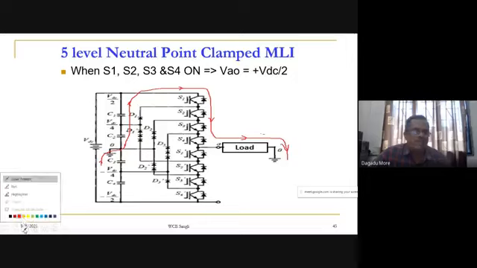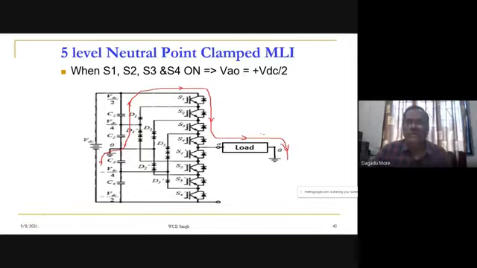And let us assume that when the load current is in the opposite direction, in that case what will happen? The current will flow through the anti-parallel diodes, and here charging of the capacitor will take place.